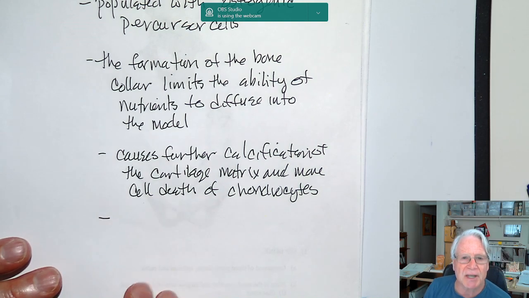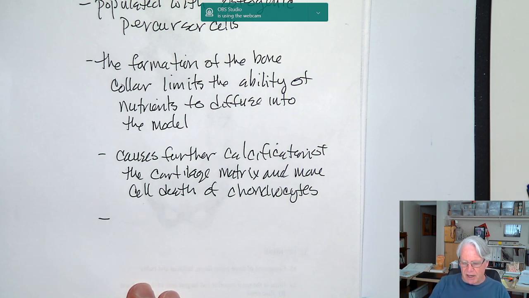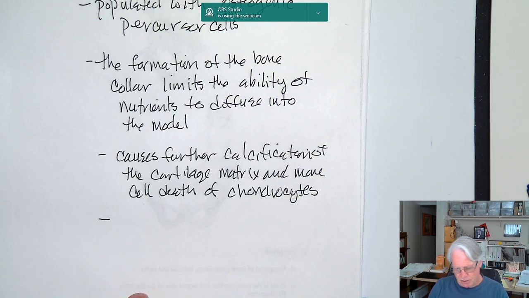Now, this process of cell death, calcification, is going to set off a secondary result, which is that we're going to start recruiting blood vessels to merge into this region.